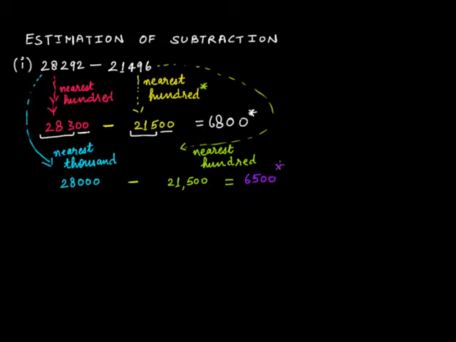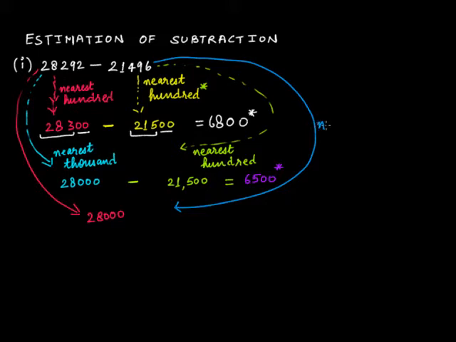This is another estimation. The first one was 6,800. This one was 6,500. Let's take one more possibility. What if I round it off to its nearest 1,000 again? So this will be 28,000. And if I round the other number to its nearest 1,000, this will become 21,000.